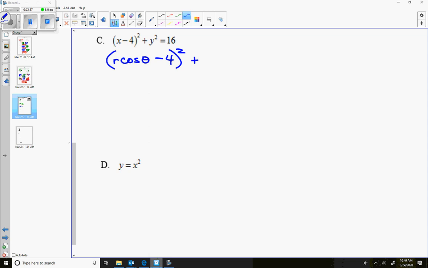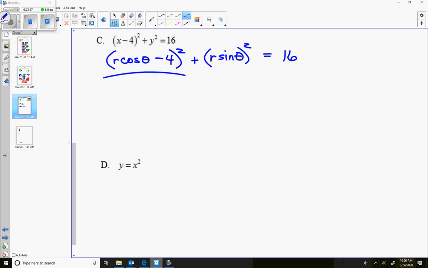Plus, everywhere I have a y, I need parentheses, r sine theta, because that whole thing is being squared, and it's all going to equal 16.